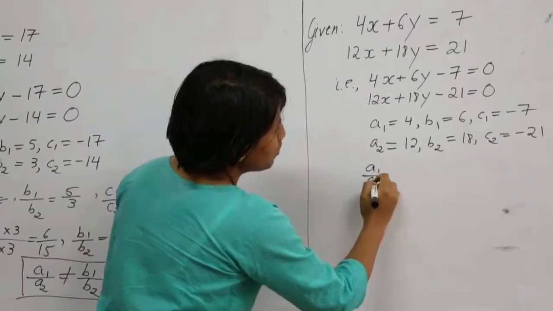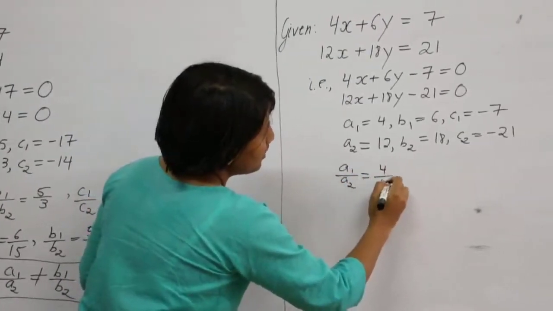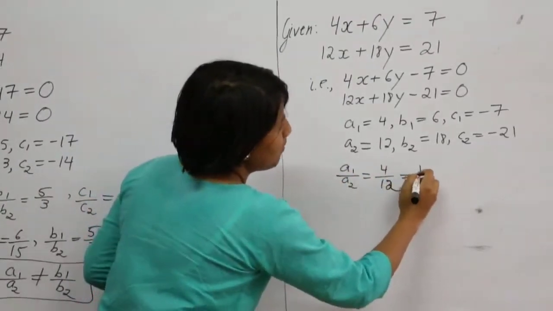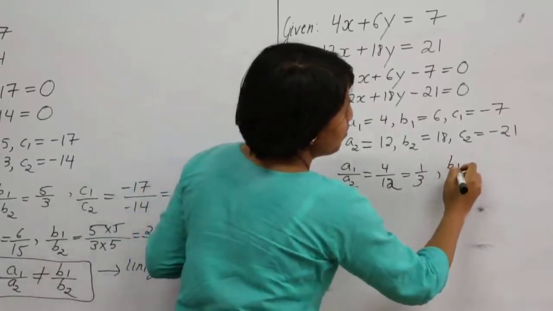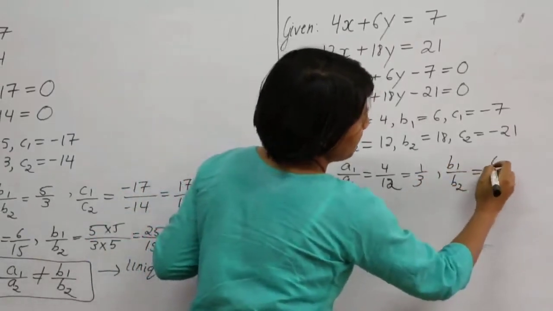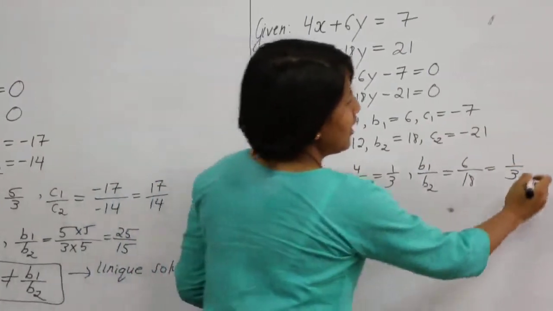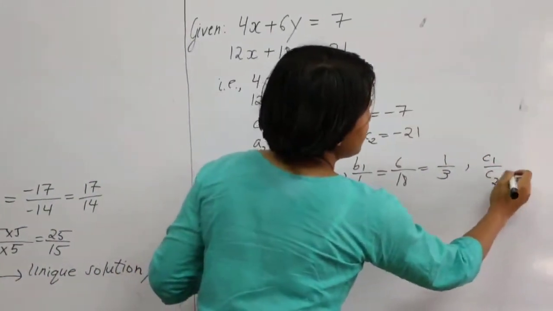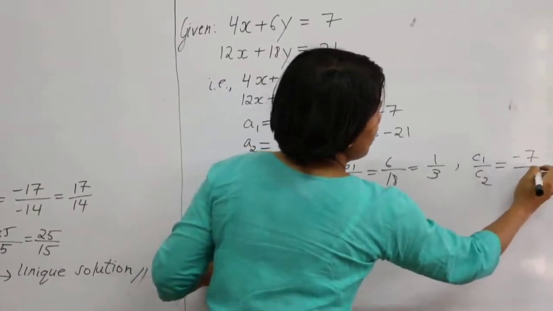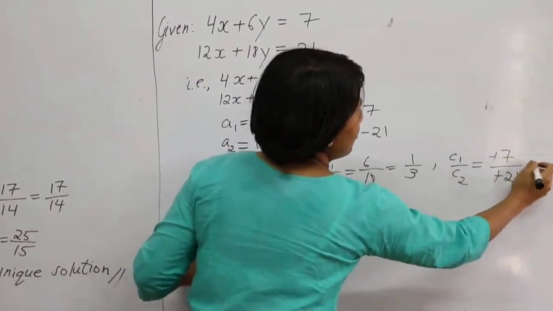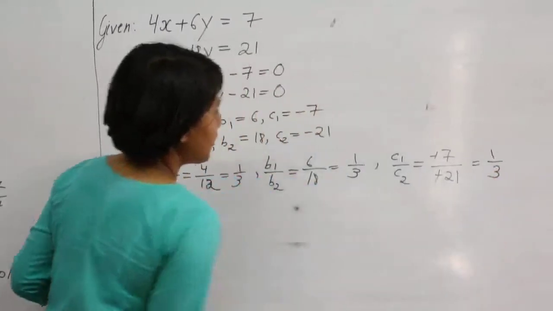Then you take the ratios, a1 by a2, you get 1 by 3. And b1 by b2, you get 1 by 3. And then c1 by c2, you get 1 by 3.